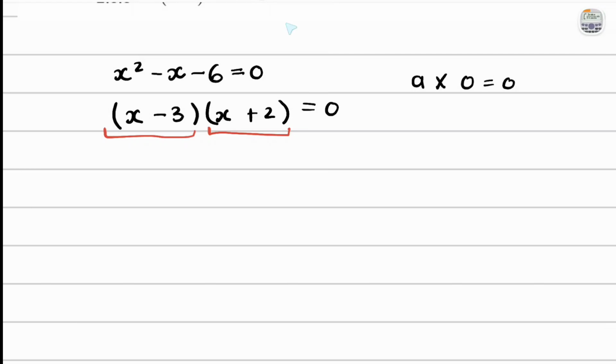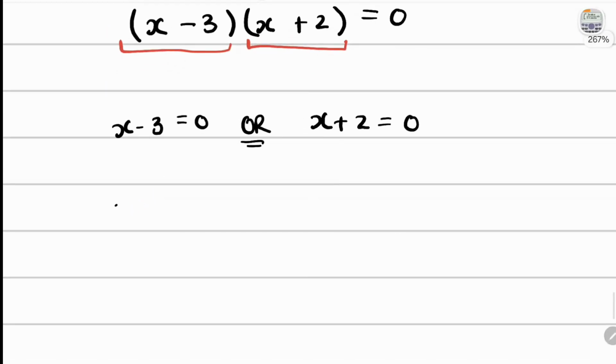So what we're saying here is, for this to actually happen, x minus 3 must either be equal to 0, or we can have a situation where this x plus 2 is equal to 0. If either one of them is equal to 0, then the equation would eventually give us 0 when we multiply these factors.